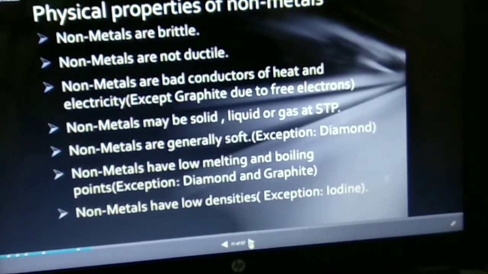Non-metals may be solid, liquid or gas at standard temperature and pressure. Non-metals are generally soft, exception diamond. Non-metals have low melting and boiling points, exception diamond and graphite. Non-metals have low densities, exception iodine.